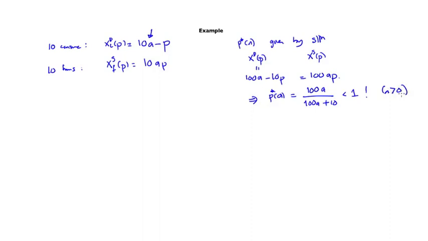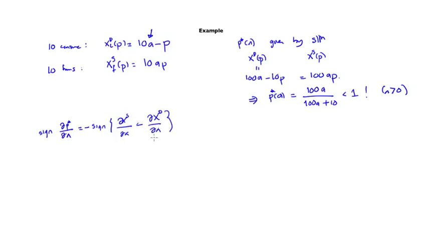Okay. Next, we want to know what happens to the derivative of the equilibrium price as a function of A, but we know from the previous formula that the sign of dP star with respect to A is equal to minus the sign of dxs with respect to A minus the effect of A on the demand.